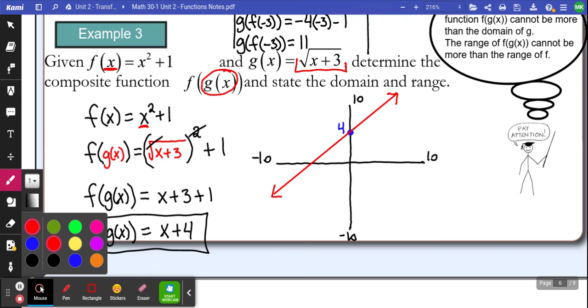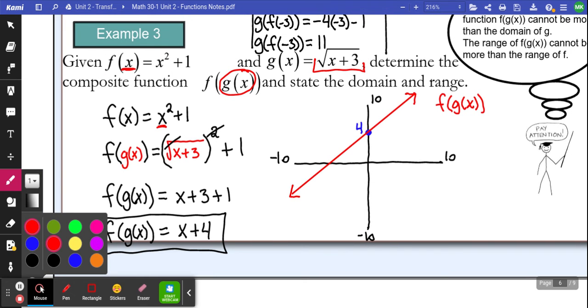So you should sketch that just so you know what we're going to refer to here in our notes. This function is f of g of x. That's what that line is. Agreed? It's x plus 4.